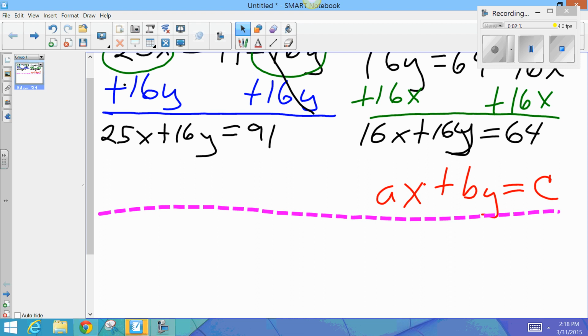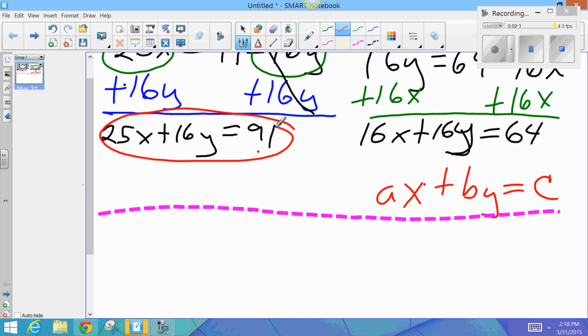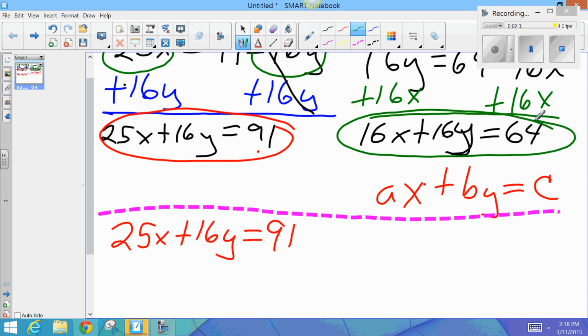I'm going to take this equation and copy it here: 25x plus 16y equals 91. And I'm going to take this equation and copy it right underneath it: 16x plus 16y equals 64.